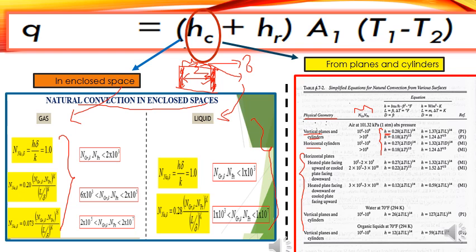But again, for both types of fluid, you have to determine the range of the Grashof times Prandtl number. And what I can summarize here is that in both types of mechanism, we should first know the range of the Grashof times Prandtl number to determine the correct formula for the HC.